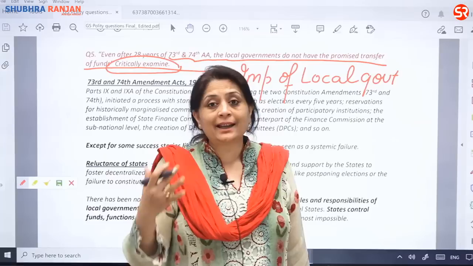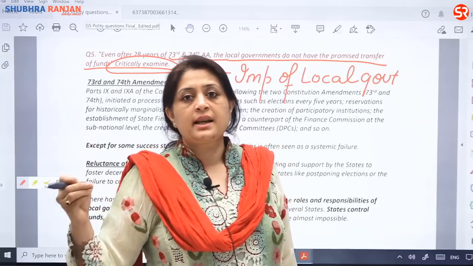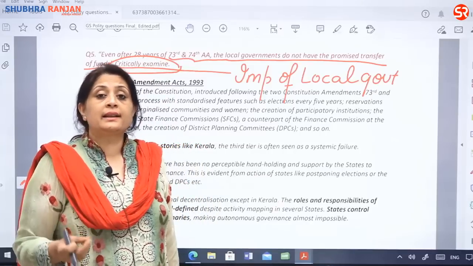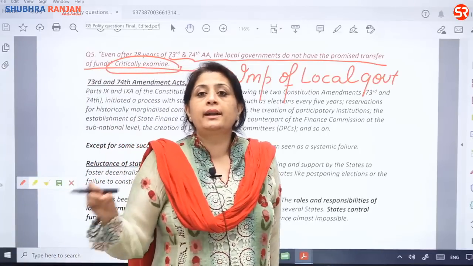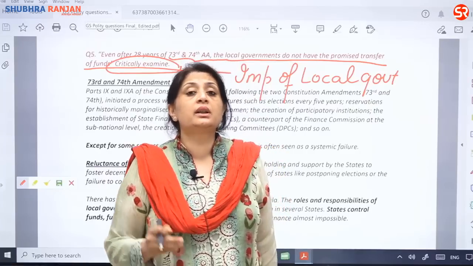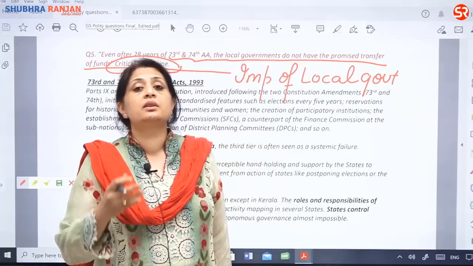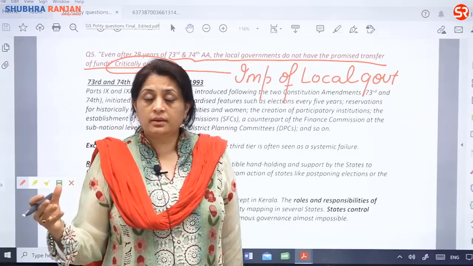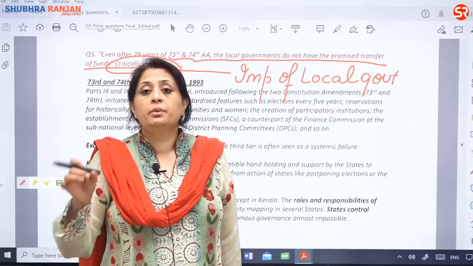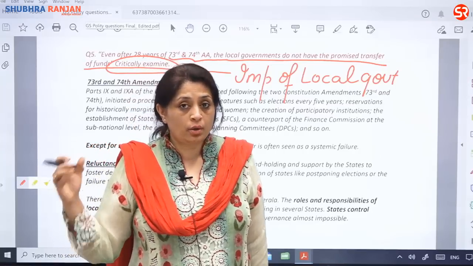So even the second ARC emphasizes citizen-centric governance as a key to good governance, and in this citizen-centric governance, the institutional structures like Panchayati Raj and municipality play a very important role.